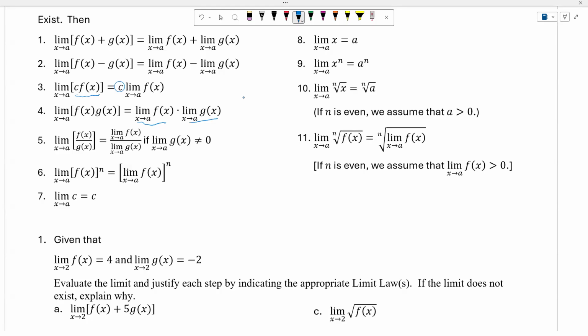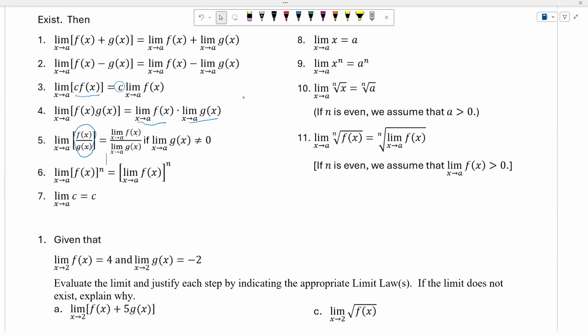If we have a quotient, then we find the limit of f of x and divide by the limit as x approaches a of g of x, as long as the limit of g of x is not equal to 0.